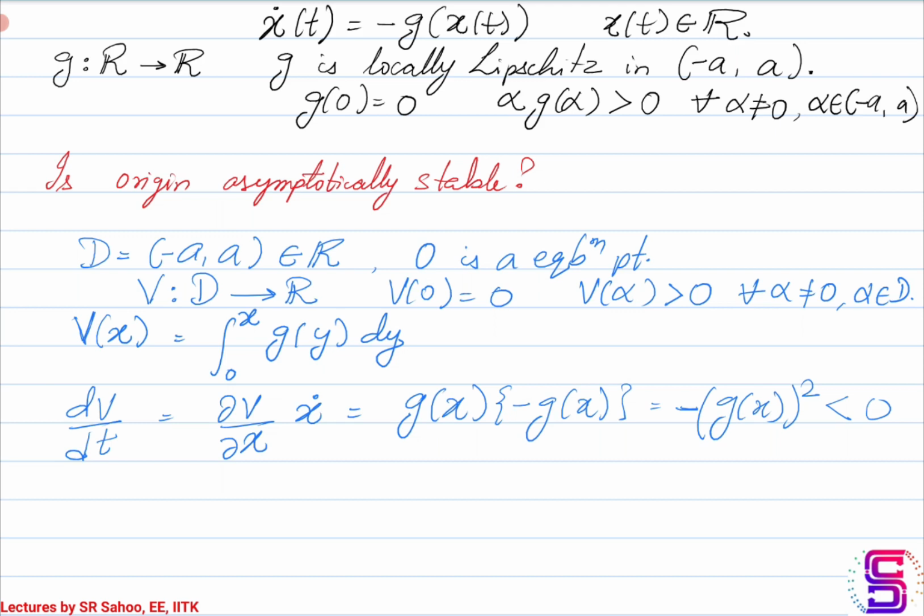So V dot, which is dV by dt, is strictly less than 0 for all x in this set, and V dot of 0 is 0.